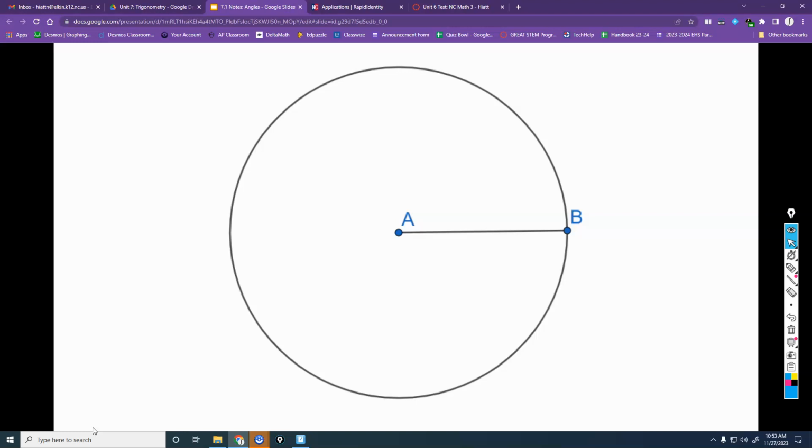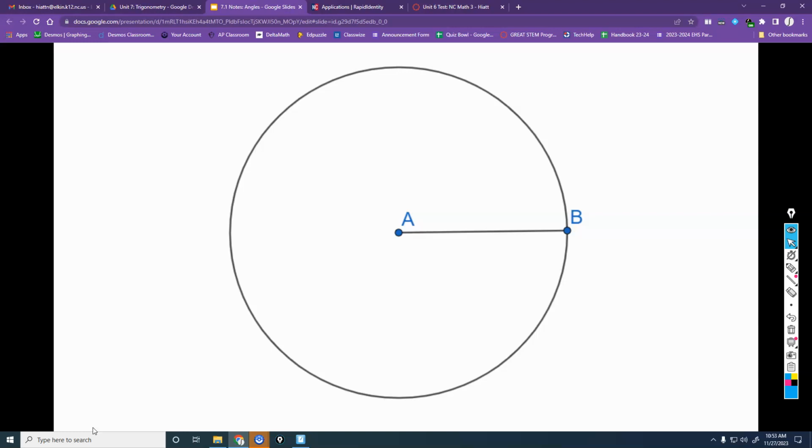Okay? So what I want you to do is take your piece of string, and it'll be easier for you than it is here for me on the board because it's hard. It's just easier when it's flat. But you're going to lay your string along the edge of the circle. It's hard to do up here because obviously I can't lay it flat. Plus I'm erasing my circle.